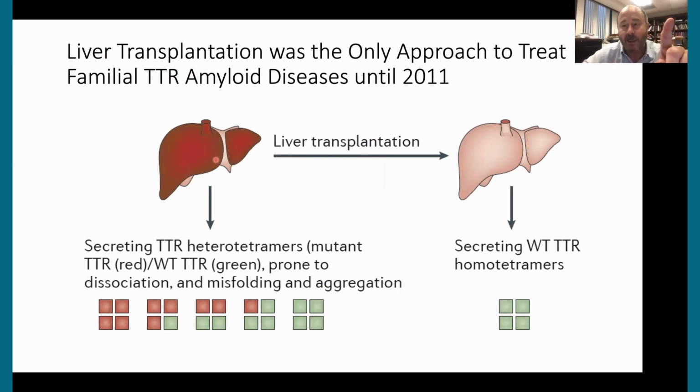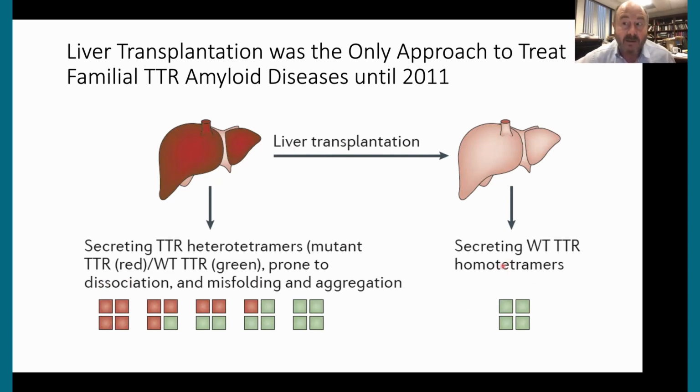They have a mutation on one allele, wild type TTR on the other. So you generate mixed tetramers comprised of mutant and wild type subunits. And all the tetramers having mutant subunits come apart faster, they misfold faster, and therefore they put the patient at risk for an aggregation disease. So you can fix that by replacing the mutant expressing liver by a liver that expresses only wild type protein.